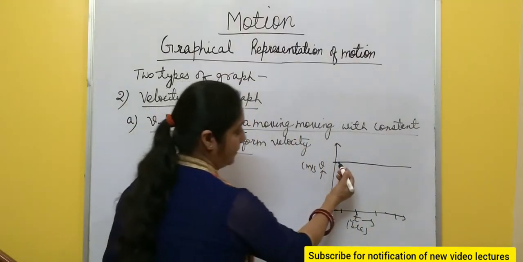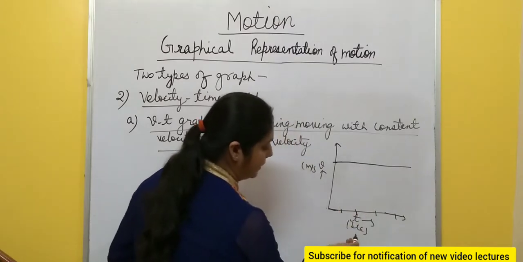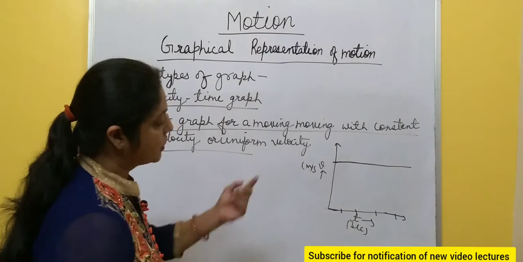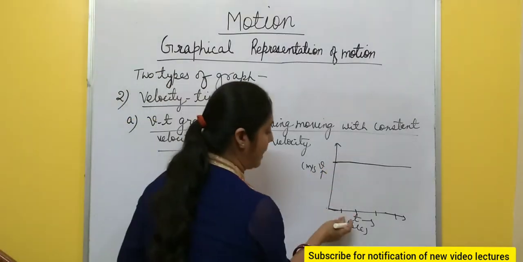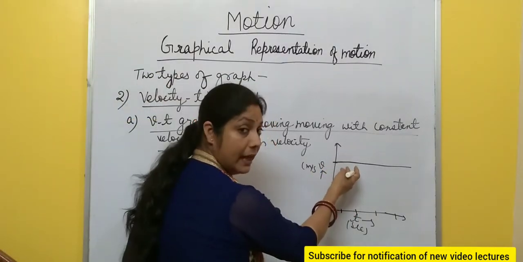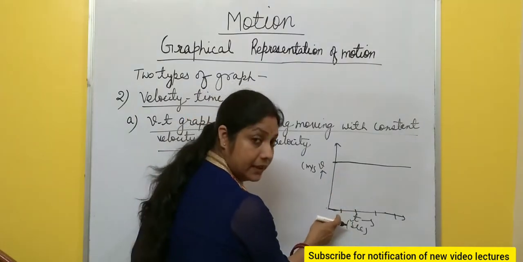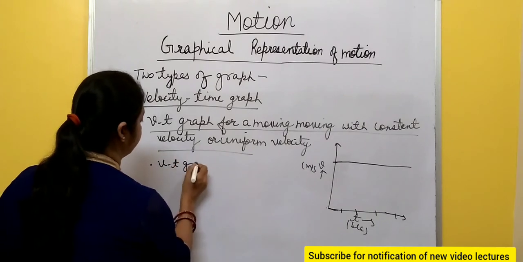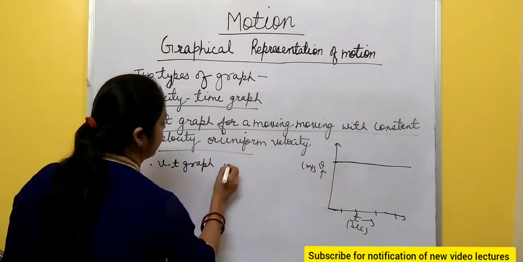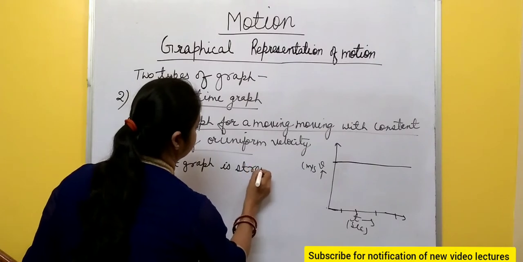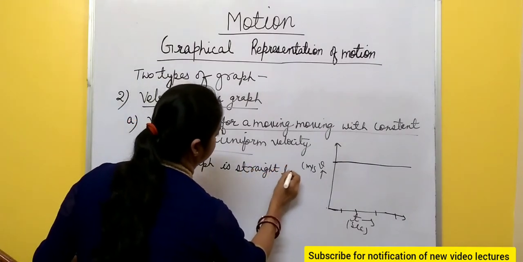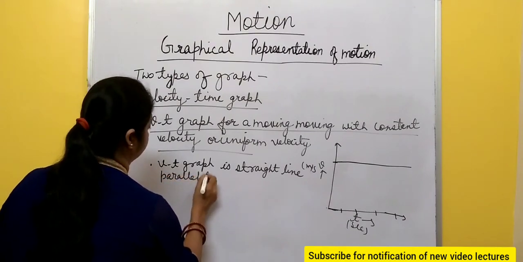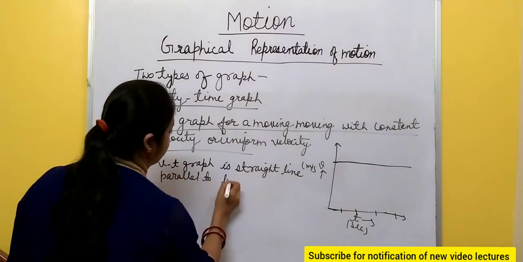Here this straight line is parallel to the x-axis, the time axis. So in this case, what is the slope? If any line is parallel to the x-axis, it does not make any angle with the x-axis. So here the velocity time graph is a straight line parallel to the time axis, or x-axis.